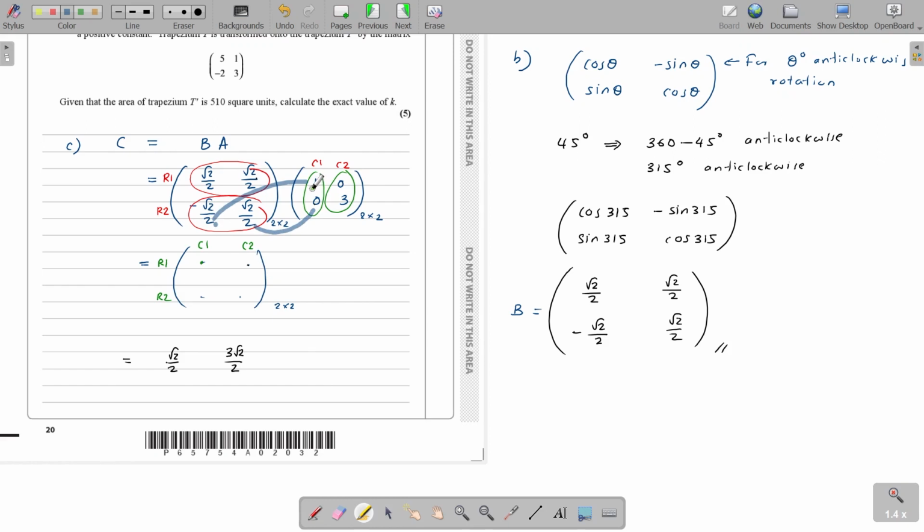So the answer is minus root 2 over 2. And then the next one, row 2, column 2: minus root 2 over 2 into 0 is 0, and root 2 over 2 into 3 is 3 root 2 over 2.